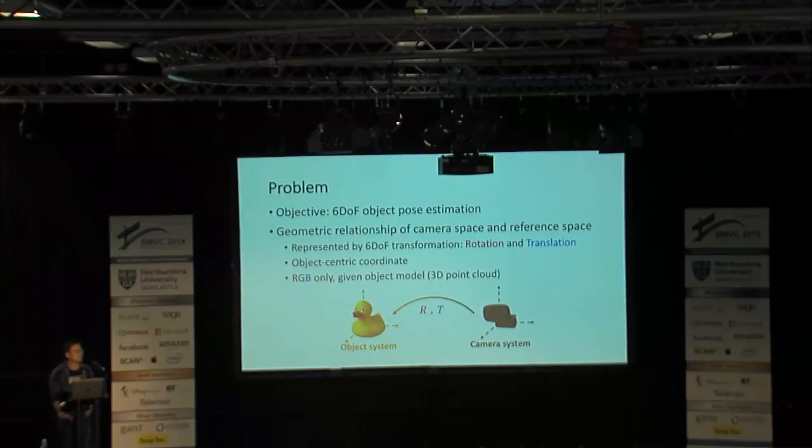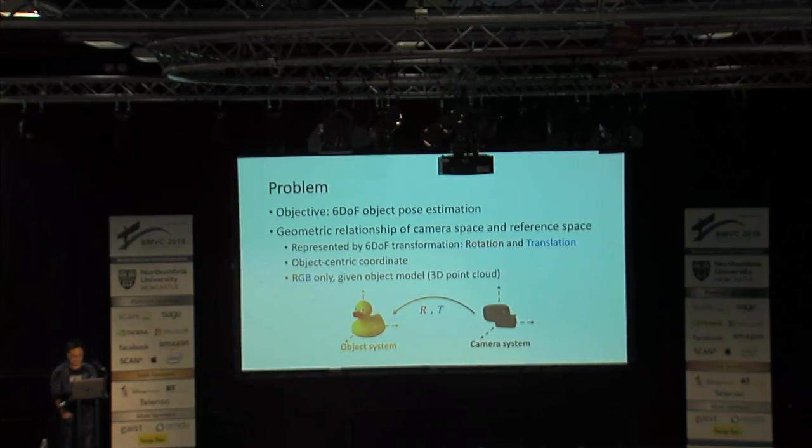It tries to find the geometry relationship between the camera and the reference system. The reference varies. It could be the world coordinates, which makes the problem camera relocalization. And if the reference system is one of the objects, you could consider it as the object pose estimation problem.